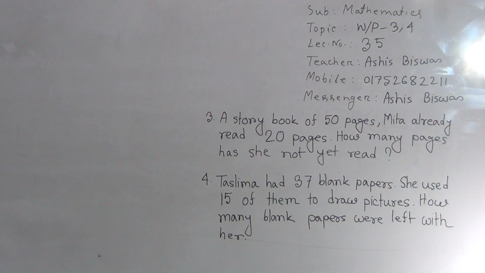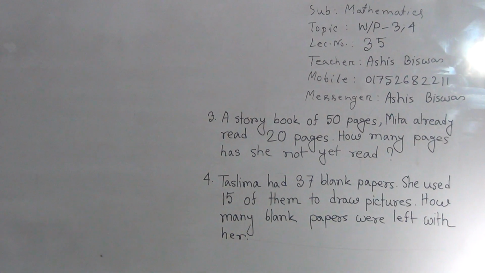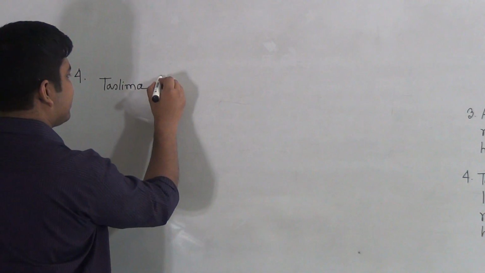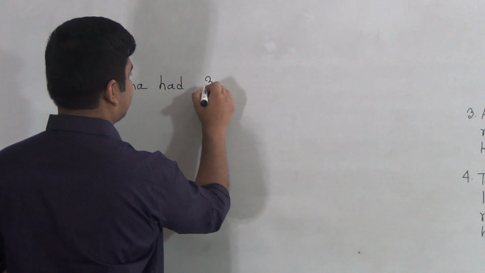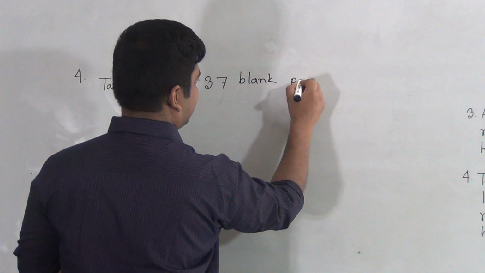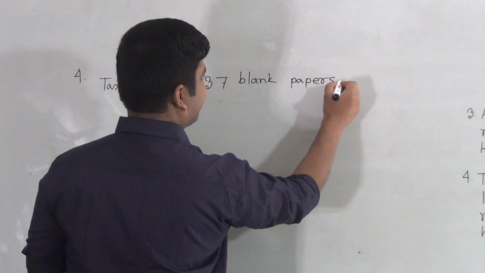So write question number 4. Right here, Taslima had 37 blank papers.